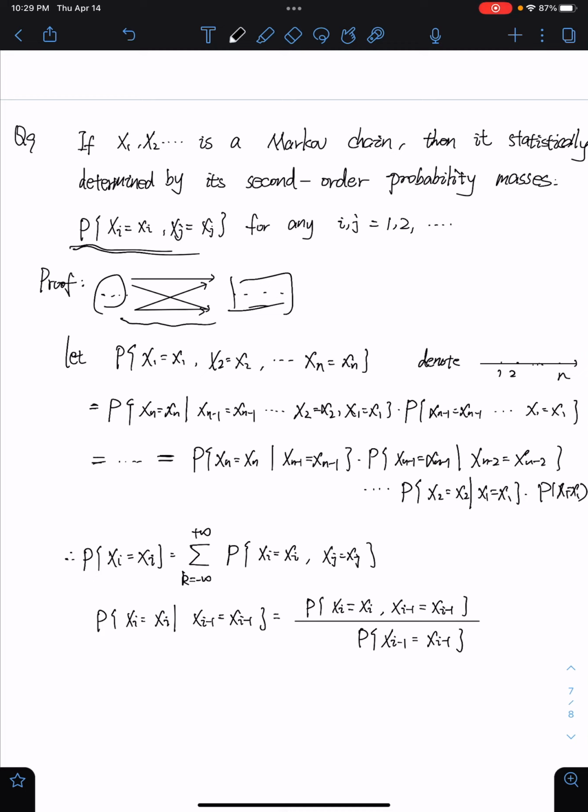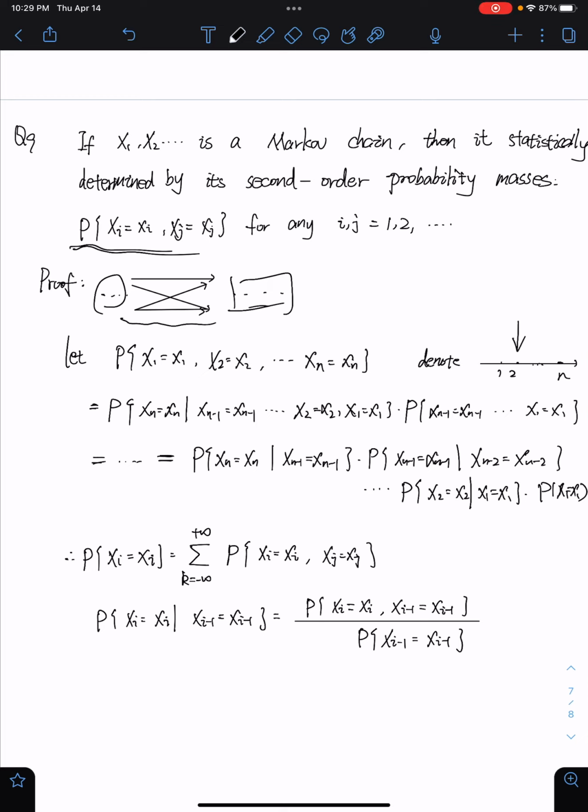Let's say the probability that X_1 equals x_1, X_2 equals x_2, and so on up to X_n equals x_n. We can also draw the states of the Markov chain on an axis.